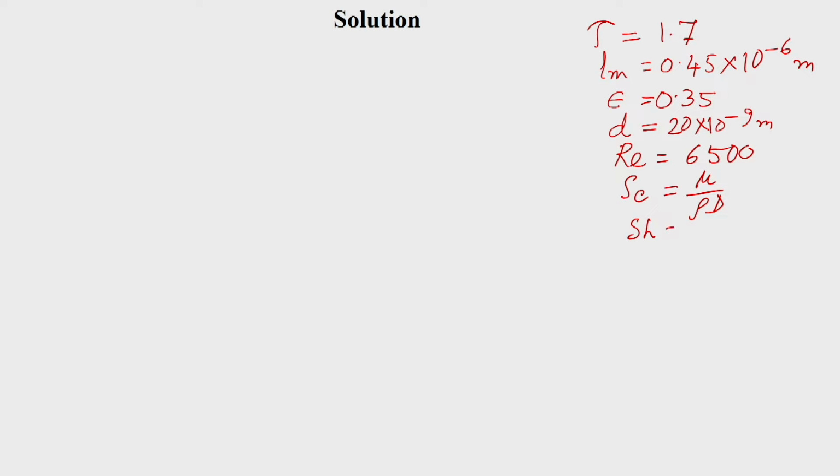The Sherwood number we will get from the correlation, 0.025 into Reynolds number to the power 0.75 and Schmidt number to the power 1/3. We do not know that now.